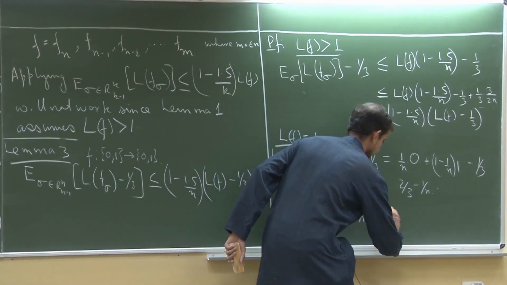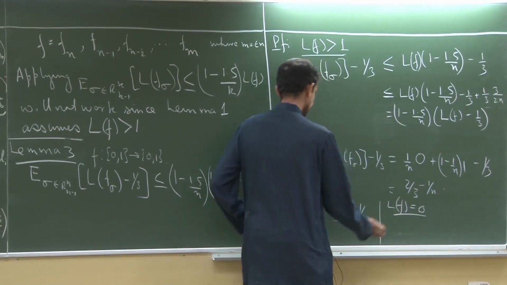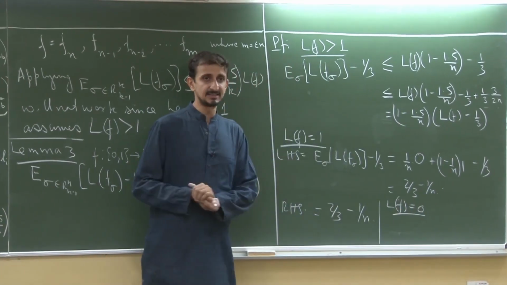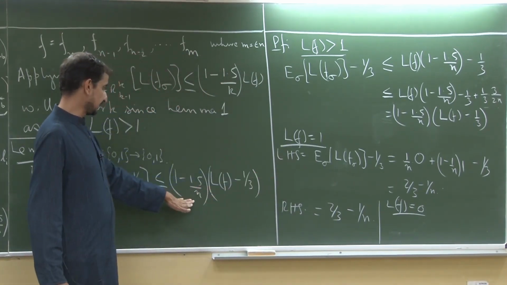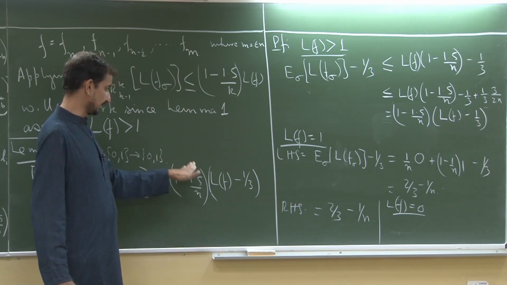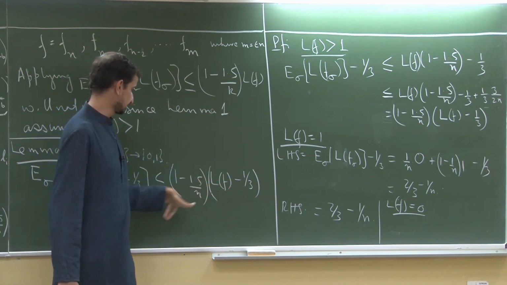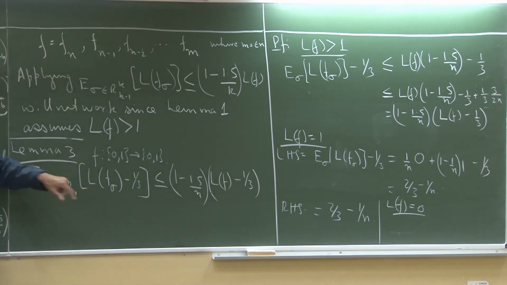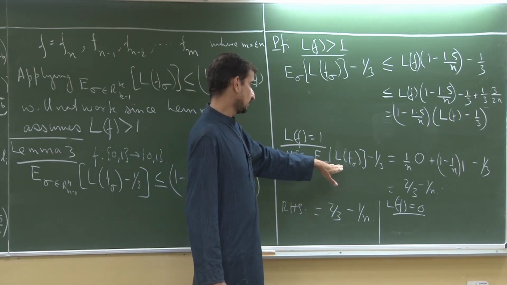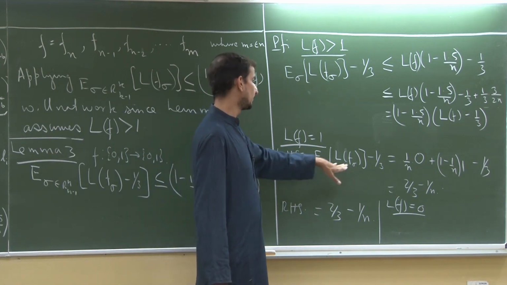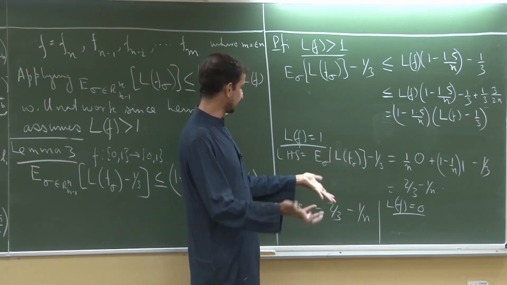The last case is when L of f is equal to 0. You can again verify that in this case also LHS will be less than RHS. Okay. So, if L of f is equal to 0, the RHS side becomes minus 1/3 into this quantity, so it turns out to be between minus 1/3 and 0. The left hand side, the expected size, is 0 because L of f is 0, so even restricting it becomes 0.